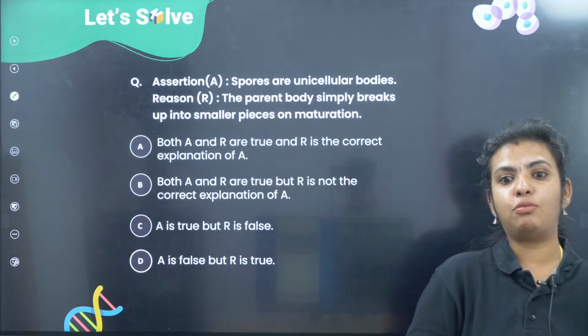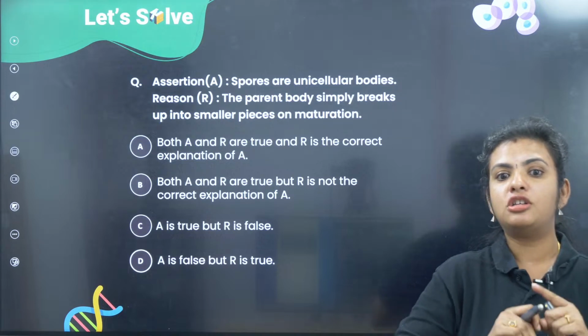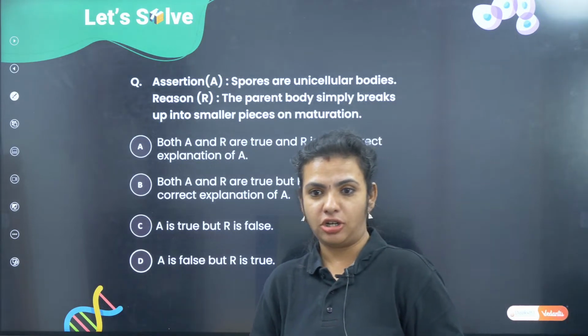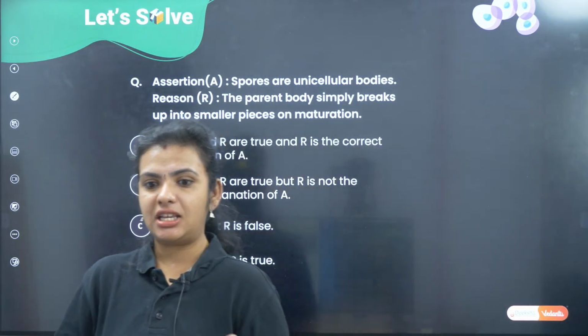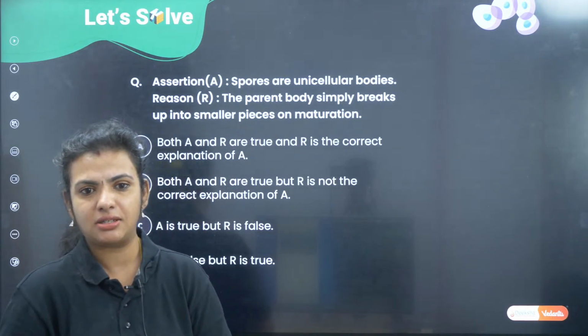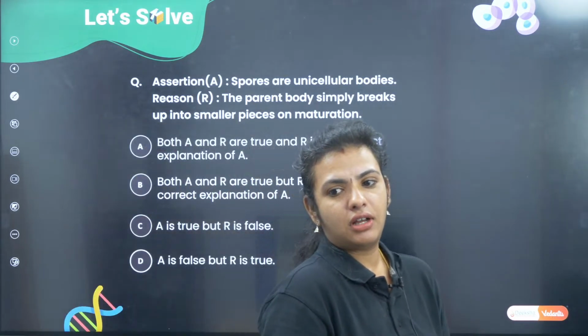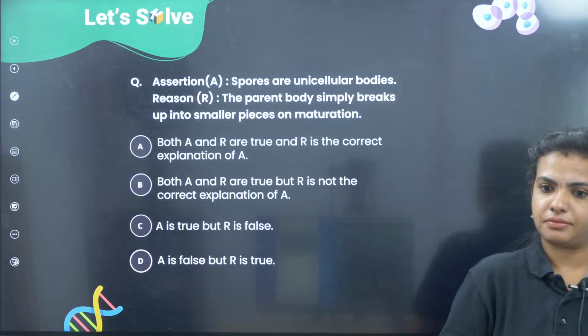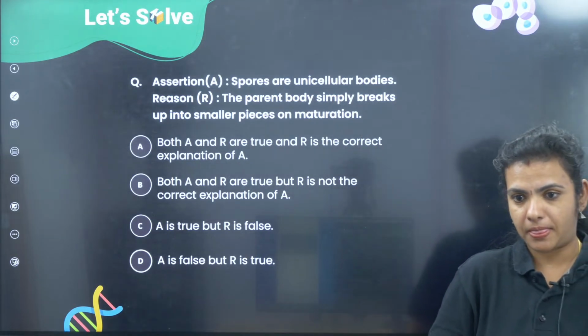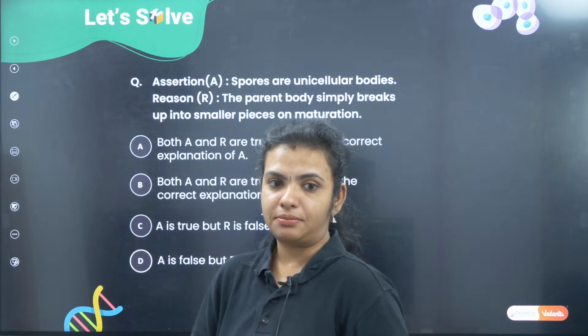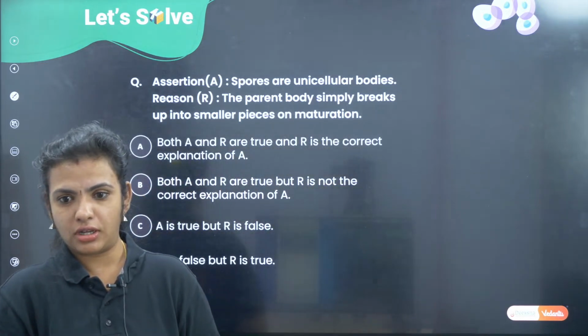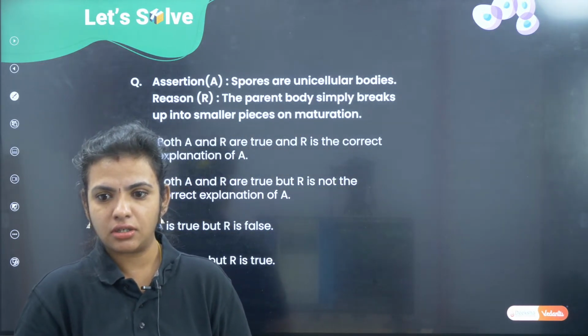Reason says parent body simply breaks into smaller pieces on maturation. Is it right? Is it wrong? I think this is also quite a simple question if you have understood.